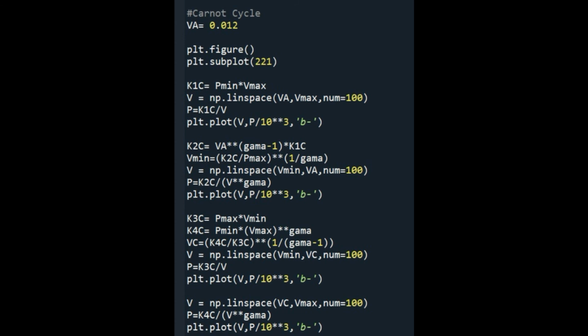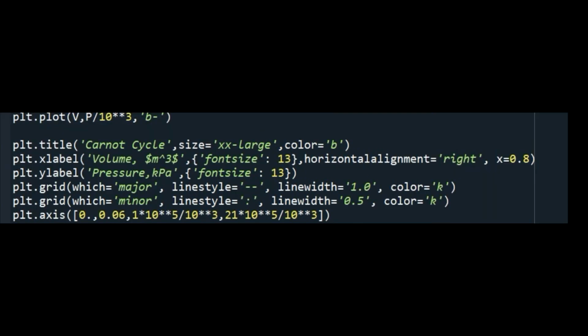Remember that I divided the pressure by 1000 so that the scale would not be so large. The constants of each process are K1C, K2C, K3C, and K4C, and the volume variation is represented in V. In this part, I inserted the information about the graph: title, x names, grids, and the beginning and end of each x value.